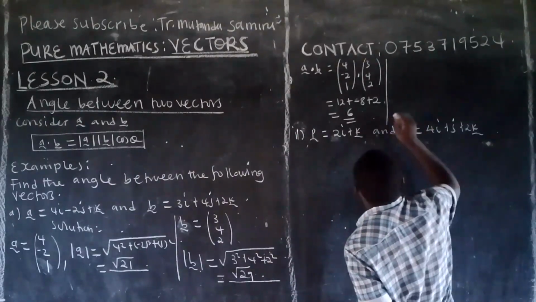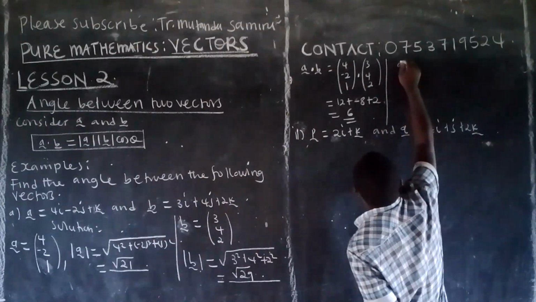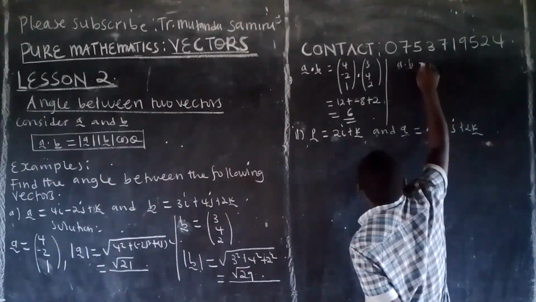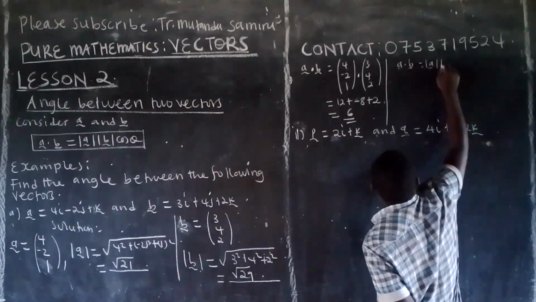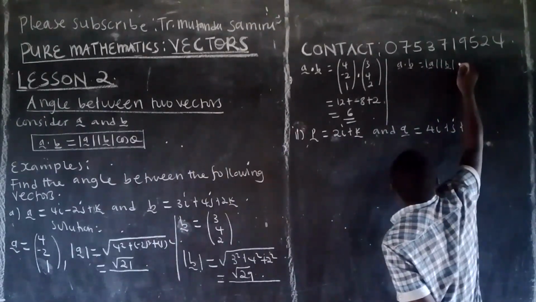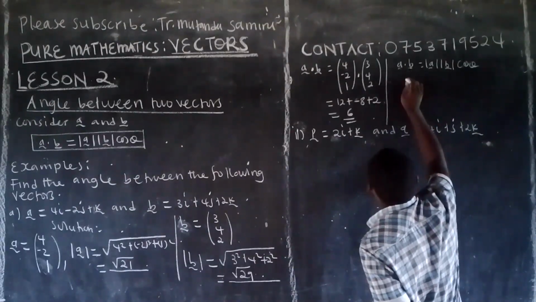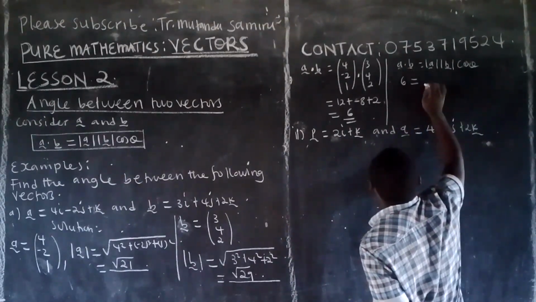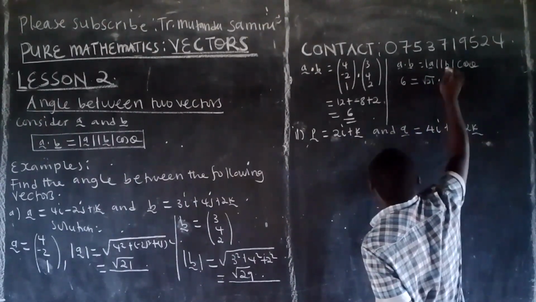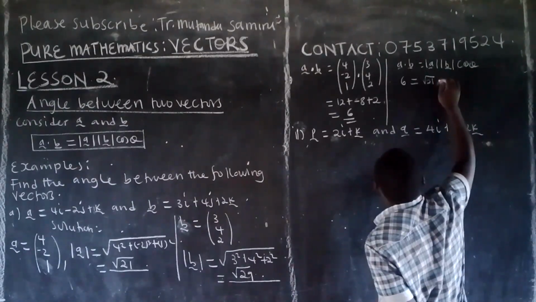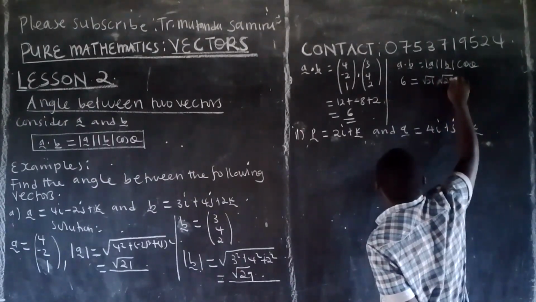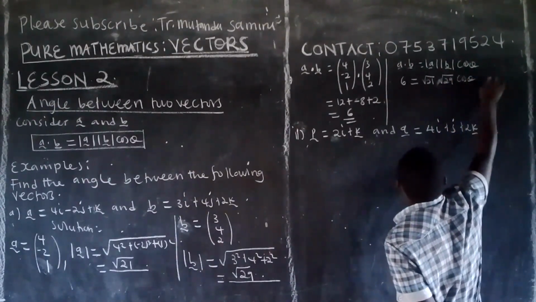Now, since you have everything, now we come and say A dot B is equal to magnitude of A, magnitude of B, cos of theta. Now, A dot B is 6, equal to magnitude of A which is root 21 times root 29, cos of theta.